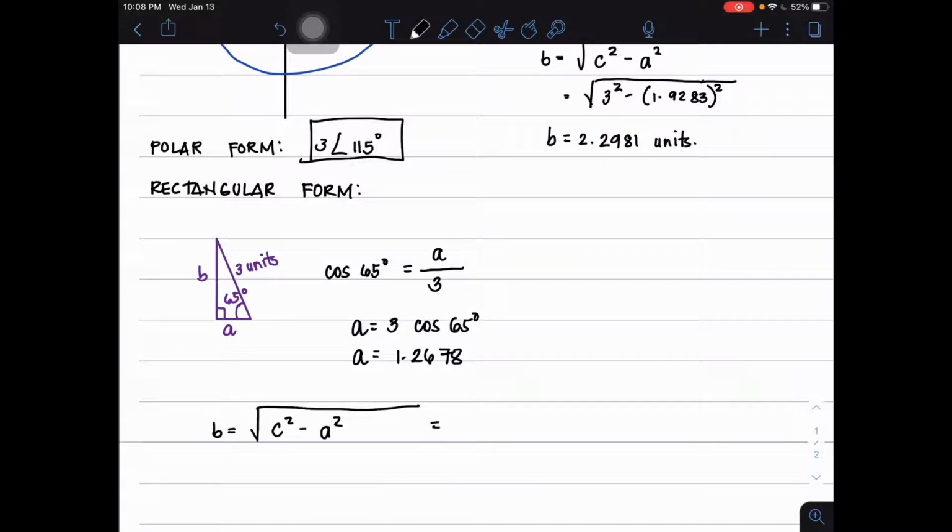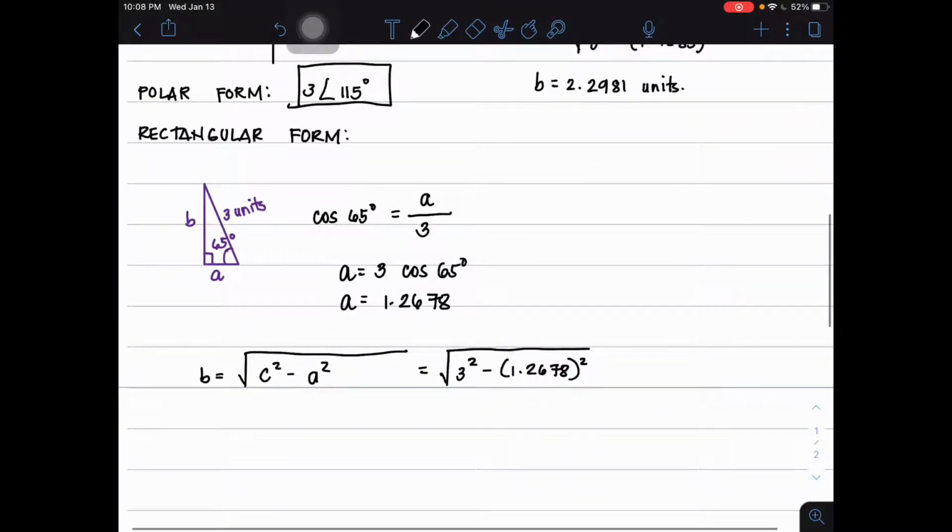Now for my side B, I prefer to use the Pythagorean theorem: 3 squared minus 1.2678. By the way, I prefer to use a continuous solution. So 9 minus answer squared, then apply square root.